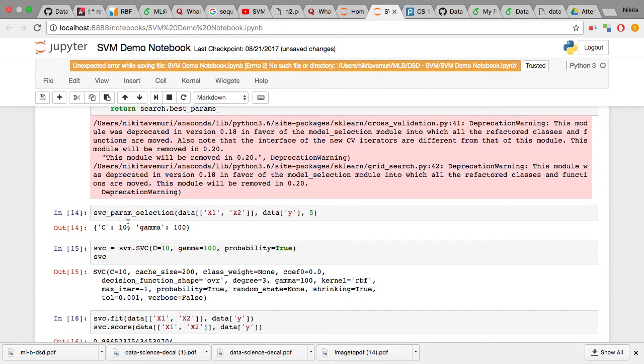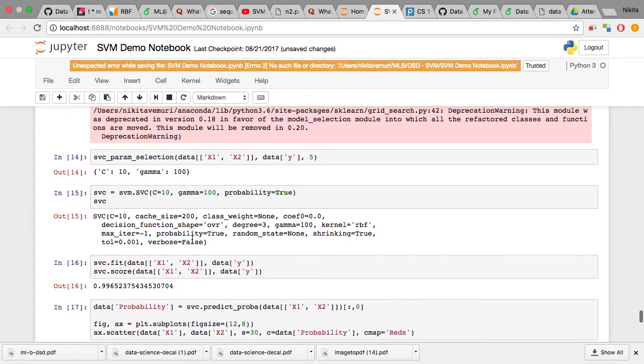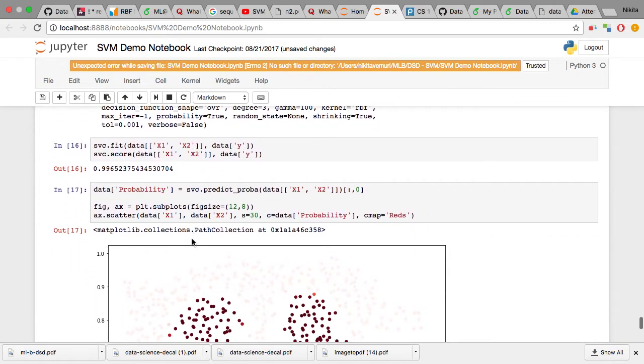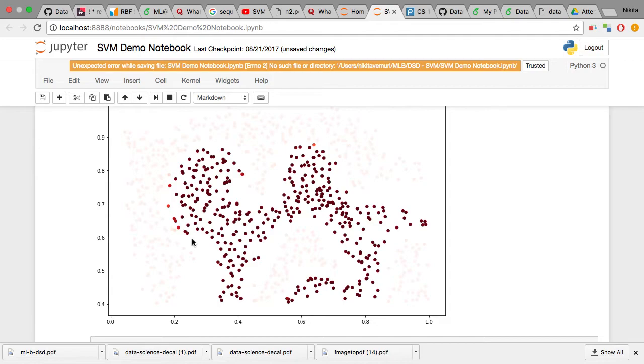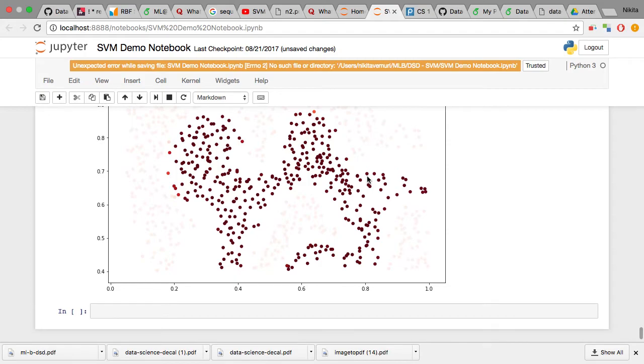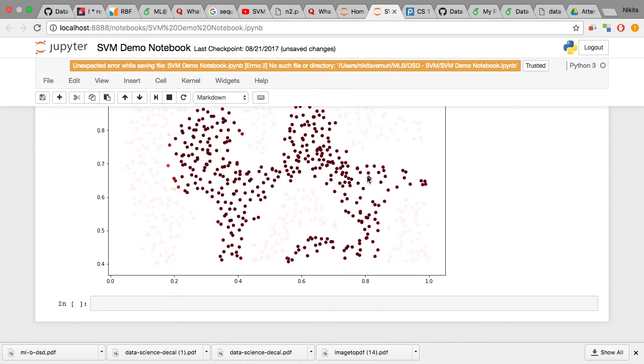Here it shows that the optimal one is when C is equal to 10 and gamma is equal to 100. When we train the model using those hyperparameters, you can see that it did a pretty good job of classifying everything. There's a bunch of faint pink points out there that you can't really see that are the other class. Any questions on how to actually use SVMs in practice?